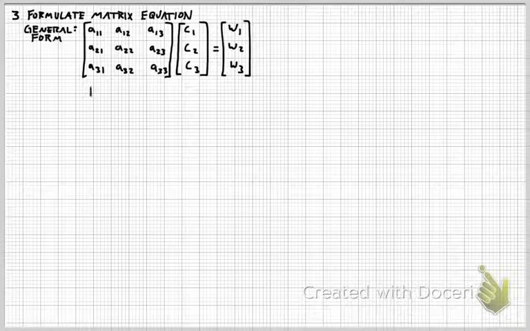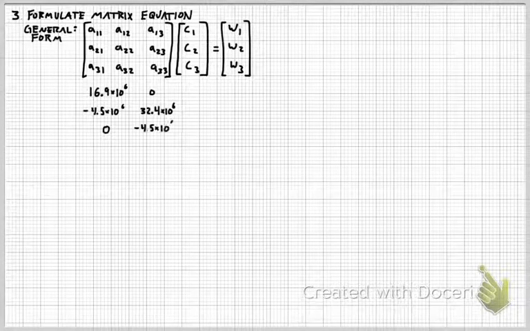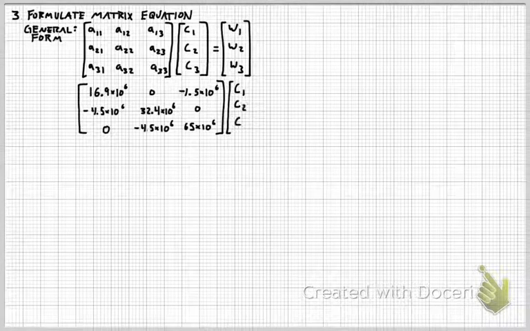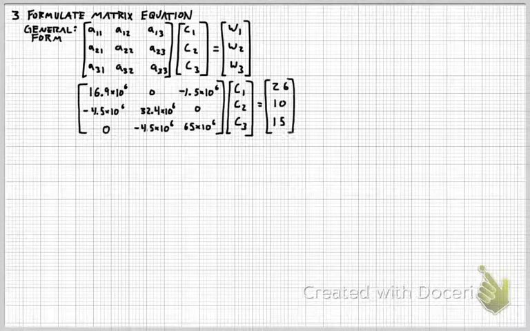When we put our numbers into this matrix, these are the solutions that I find for each term. And on the right hand side I've got the loading for each lake, so 26, 10, and 15 kilograms per day. So now we've formulated the problem, what's left is to actually solve it.